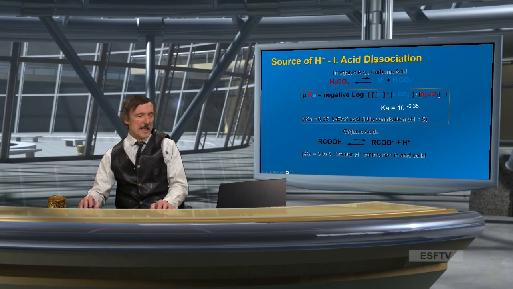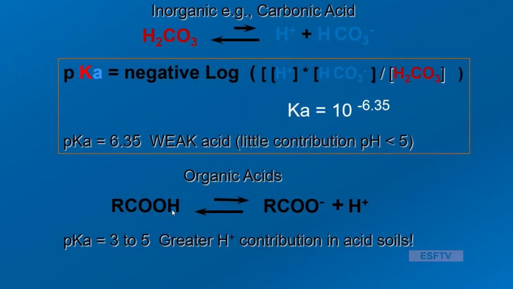When we get pKa's of 3 to 5, that's more in the organic acid range. Organic acids make a greater contribution to hydrogen in acid soils than carbonic acid and some of the inorganics. It's worthy of noting that these organic acids are relatively ubiquitous here in our humid systems. They're very important, they're big contributors to acidity.